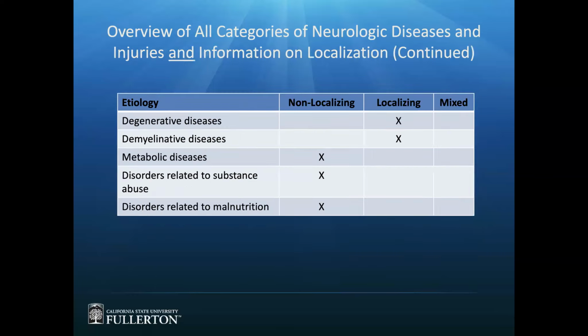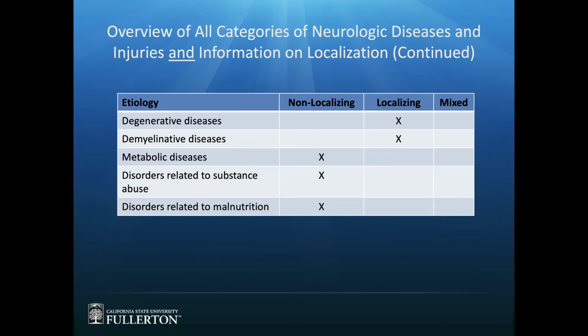Then we get to degenerative diseases like Alzheimer's disease. Tends to be localizing. Alzheimer's disease is probably one that involves both sides of the brain. We'll talk more about it. Demyelinating diseases, as multiple sclerosis would be the main one there, localizing.